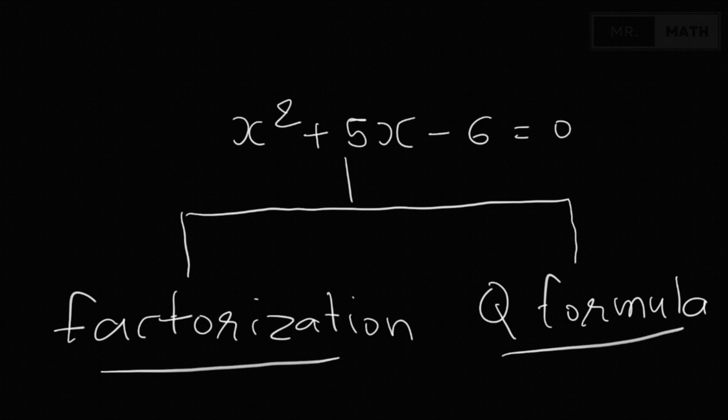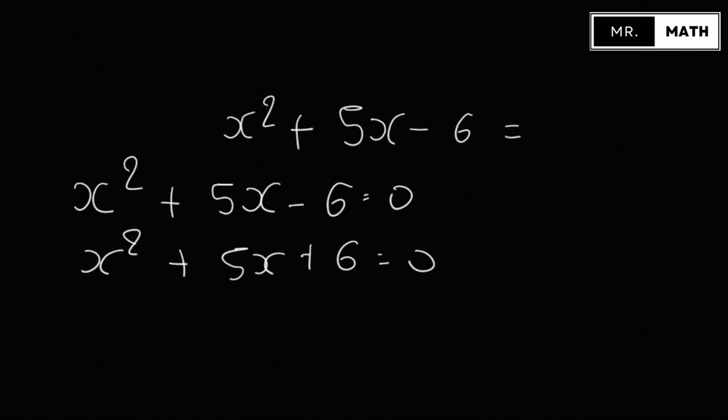Let me write it differently, otherwise it would be complicated to understand. First I am writing x square plus 5x minus 6, and x square plus 5x plus 6. Okay, I'm writing like this.